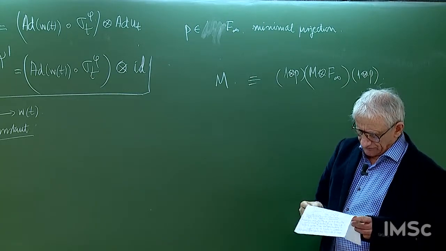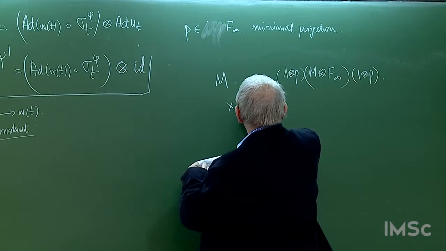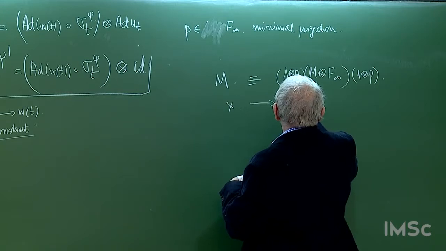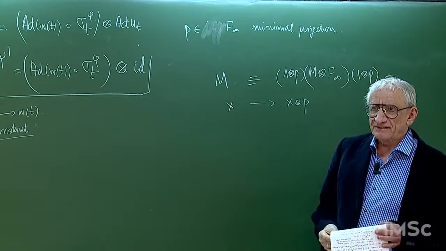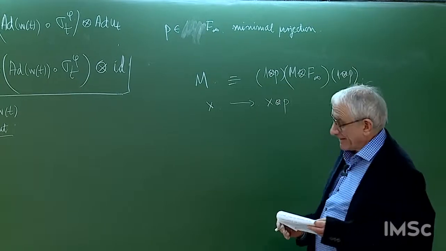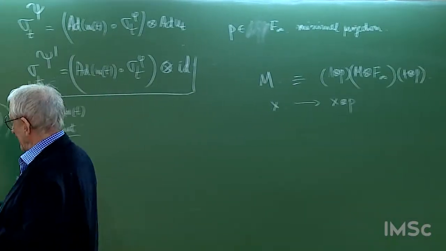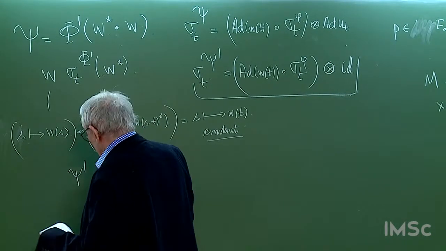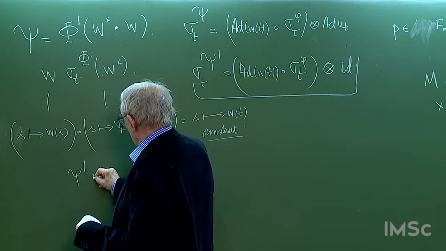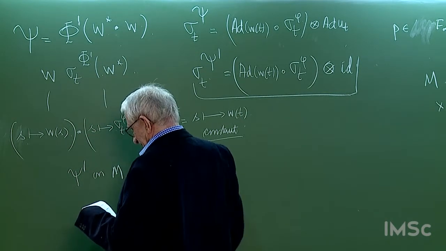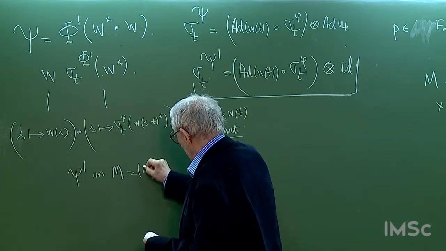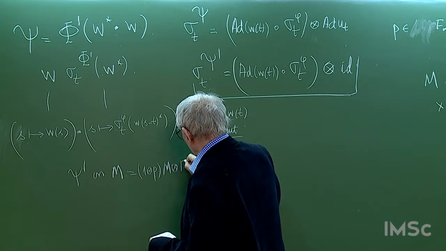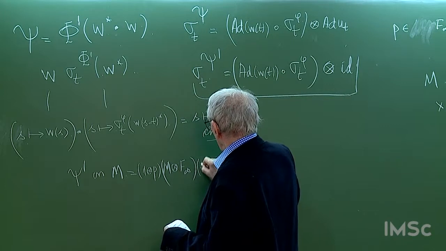If you like to see, this is X, and it's going here to X tensor P. This is the map that makes the identification. Okay. Now, we define as psi prime an NSF weight, normal semi-finite weight on M in the following manner. M is equal to 1 tensor P, M tensor F infinity, 1 tensor P.